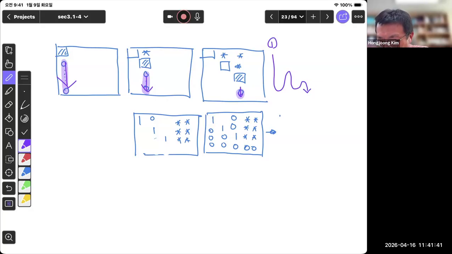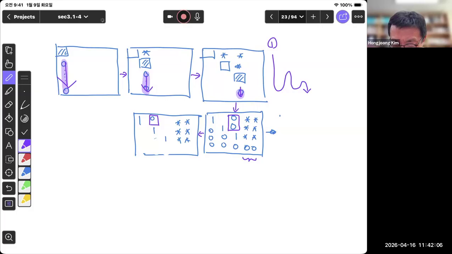Then what did I do? I didn't consider these fourth and fifth columns yet, but I introduced the zeros here. And then I go this direction, this column. So I considered the third column first, and then the first column.